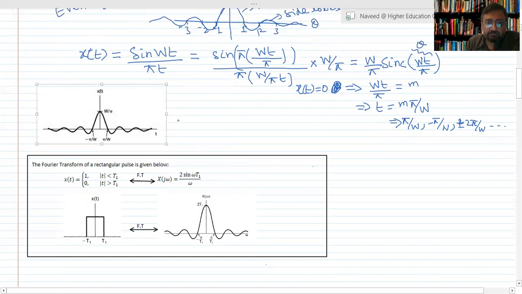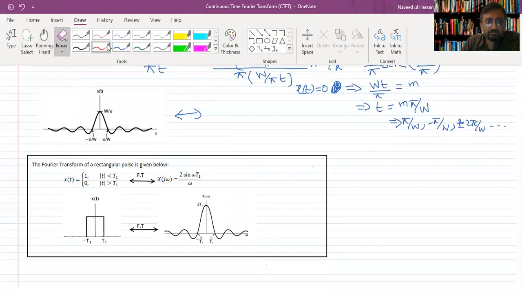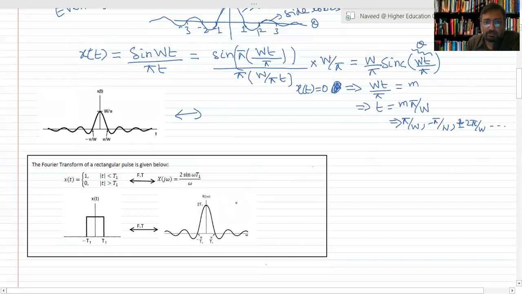For this x(t), we were given its Fourier transform, and its Fourier transform was a rectangular shape, and for a rectangular pulse in time domain, its Fourier transform is a Sinc.